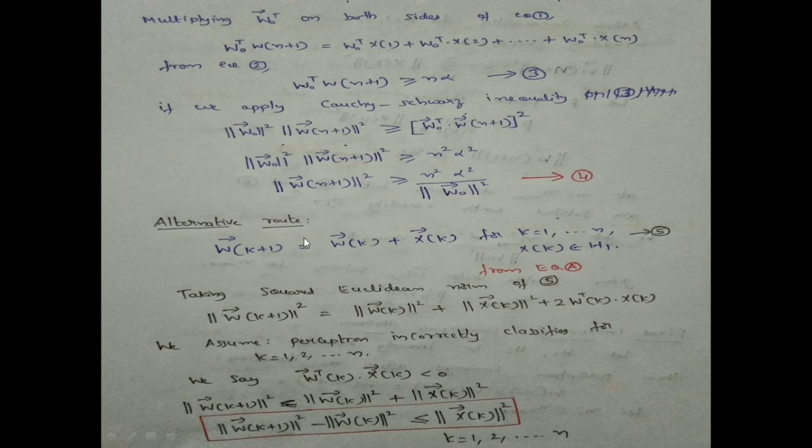By taking the squared Euclidean norm, we get the norm of W(k+1) squared equal to the norm of W(k) squared plus the norm of x(k) squared plus 2 times W transpose(k) x(k). Now our assumption is that the perceptron incorrectly classifies for the values k equal to 1, 2, and so on up to n.